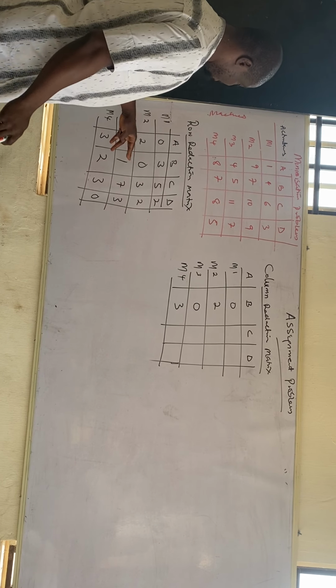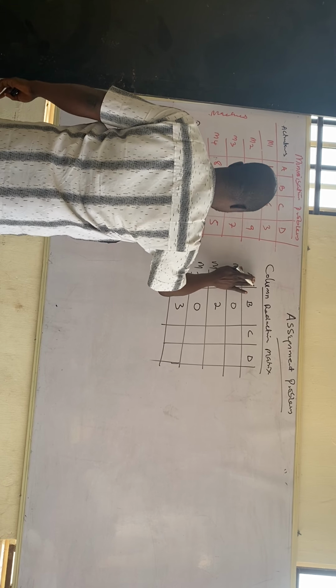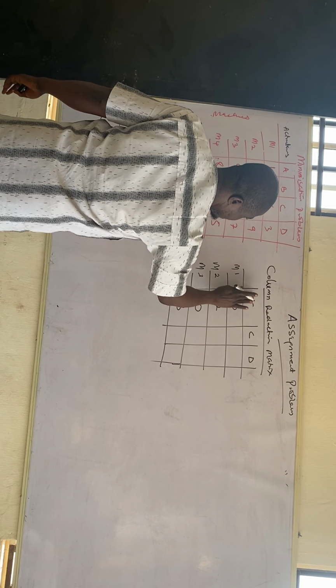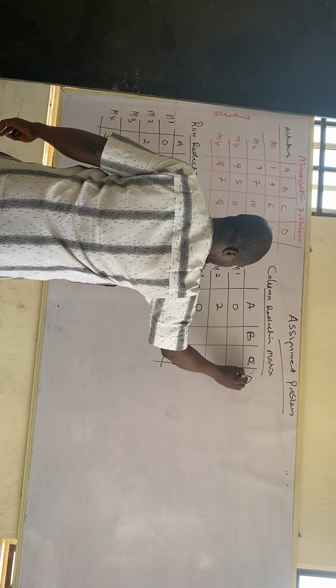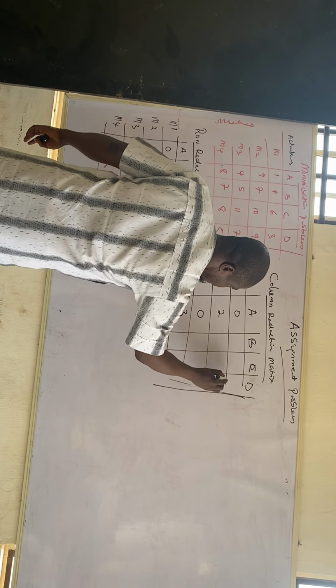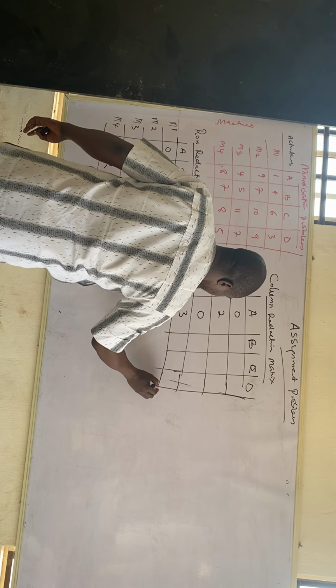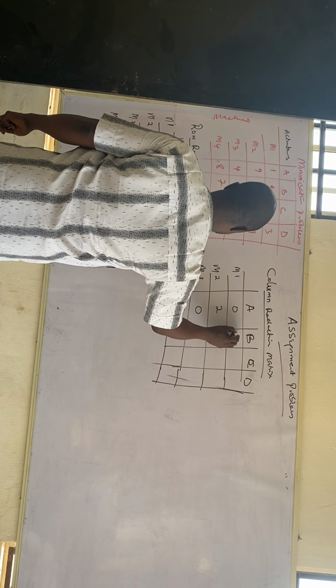The next column, 0 is the least also, so it will remain. Oh, sorry, this is supposed to be A, B, C, and D. So the next one, 0 is the least.